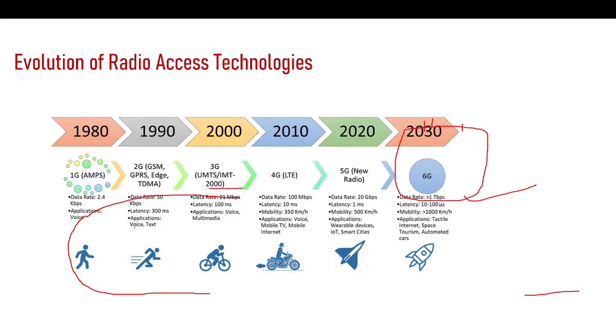So you see that every access technology has its special requirements, and as a service provider you must be able to meet these requirements to ensure that user experience is at its best. When we talk of 6G, we are talking of a data rate of 1 terabit per second, latency in microseconds, and mobility of around 1,000 kilometers per hour.